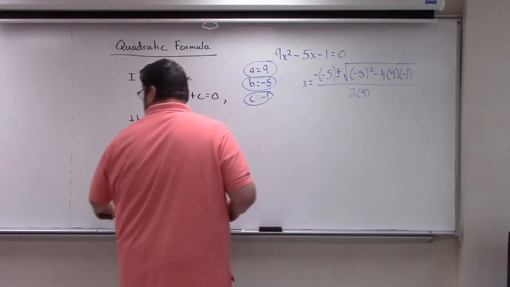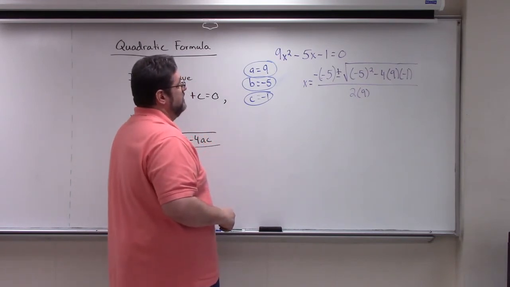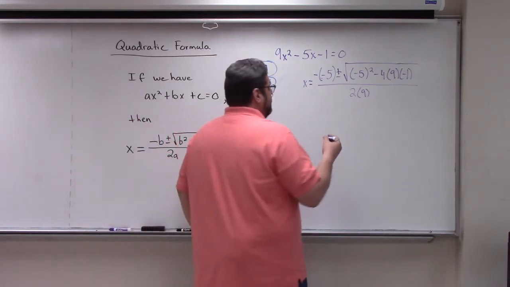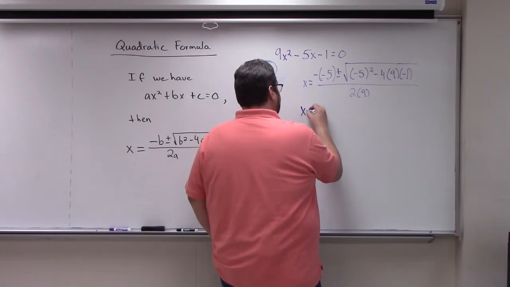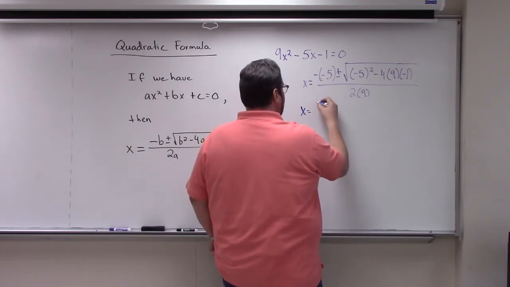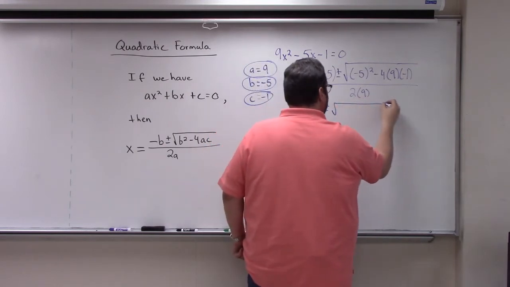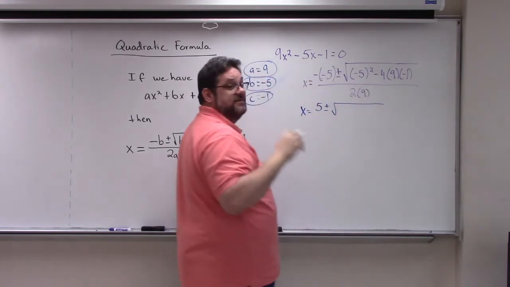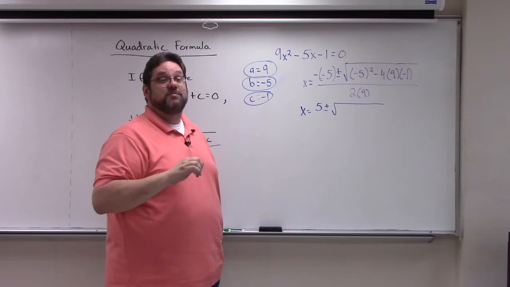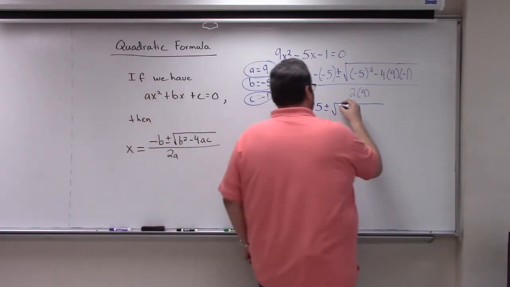From this point on, it is all about simplifying the arithmetic. Now that marker is dying, so I'm going to switch to blue. So x is equal to minus negative 5 is just positive 5, plus or minus the square root of negative 5 squared, which is negative 5 times negative 5, which is positive 25.